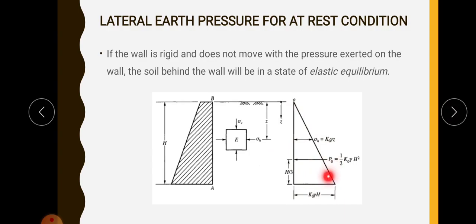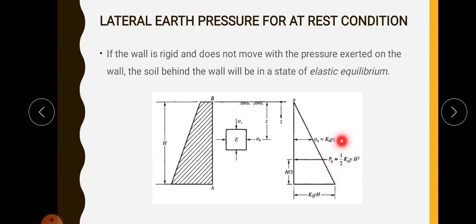In order to calculate the earth pressure which is acting on this retaining wall, we are drawing this triangular variation of earth pressure, and by calculating the area of this triangle, we can calculate this earth pressure value. So what is the area of this triangle? Area of triangle means half into B into H. Here B is K naught into gamma into H, this B, into H. This height is capital H. So half into K naught into gamma into H square.